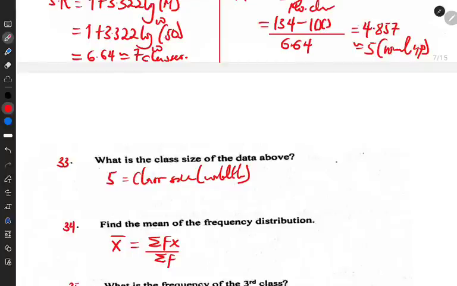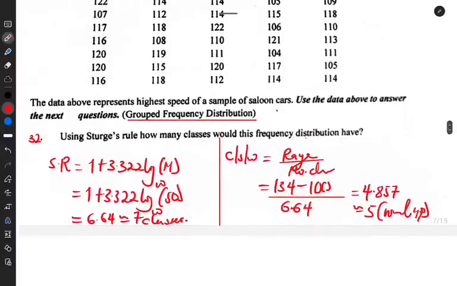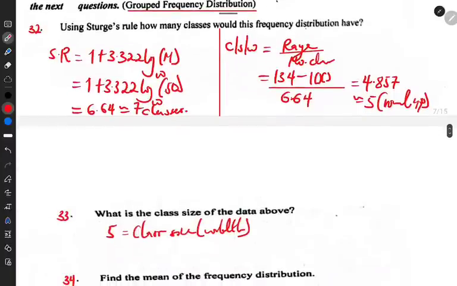Now, before we go, let's have our construction of our frequencies. Let's start with our class limit or the class interval. We know the highest value is 134 and the lowest value is 100. So for my class limit, I have 100 to what?